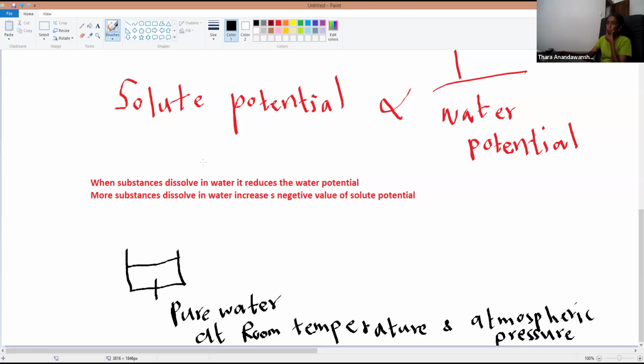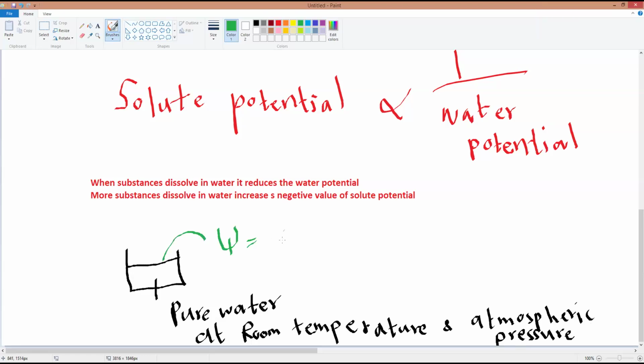What is the psi value here? What is the psi value of this container? 0. What do you think?